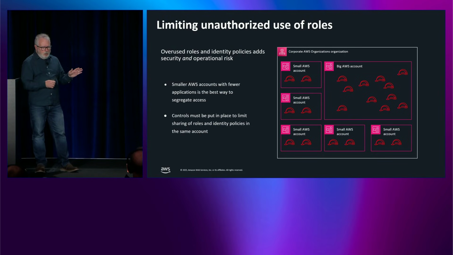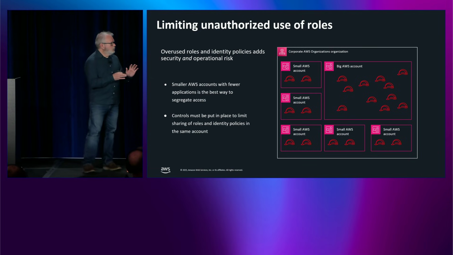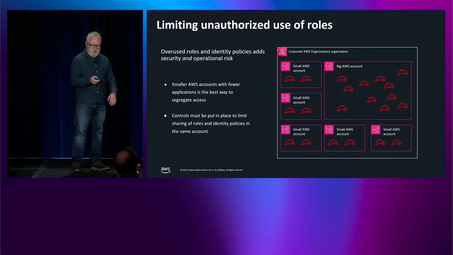So I'm not saying deploying multiple applications in a single account is necessarily an absolutely evil or anti-pattern kind of thing. But when you do that, you do need to focus on some other things to prevent your roles from being shared and used in ways that you don't intend. So you need to establish assurances so that you do not have a mess.